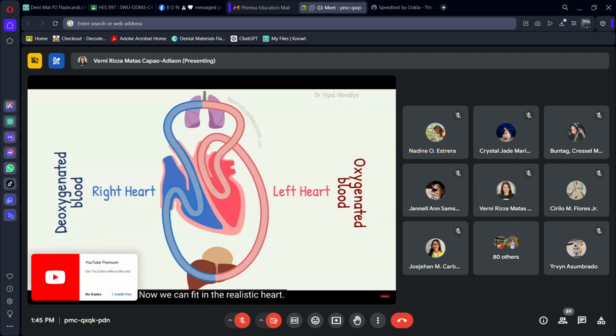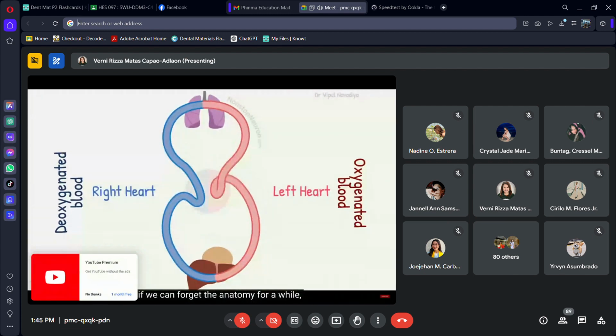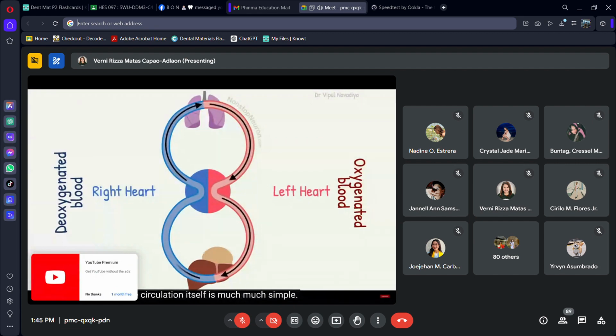Now we can fit in the realistic heart. Here we have right ventricle, pulmonary artery, pulmonary vein, left atrium, left ventricle, aorta, vena cava, and right atrium. The anatomy of all these structures has complicated the understanding of blood circulation. But if we can forget the anatomy for a while, the circulation itself is much simpler.